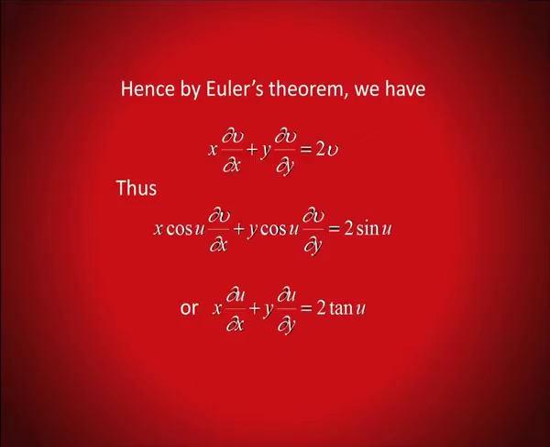Putting the values of v, ∂v/∂x and ∂v/∂y, we find x cos u ∂u/∂x + y cos u ∂u/∂y = 2 sin u, or x ∂u/∂x + y ∂u/∂y = 2 tan u. Hence, the theorem is proved.